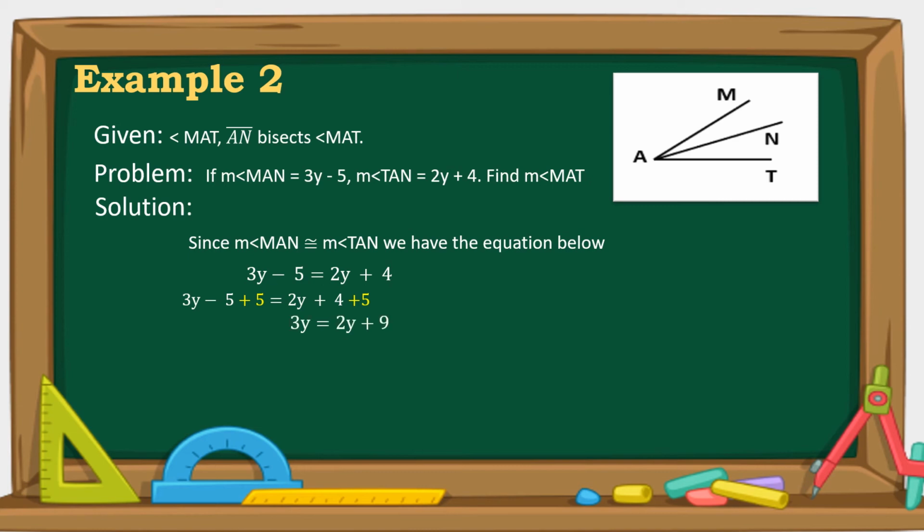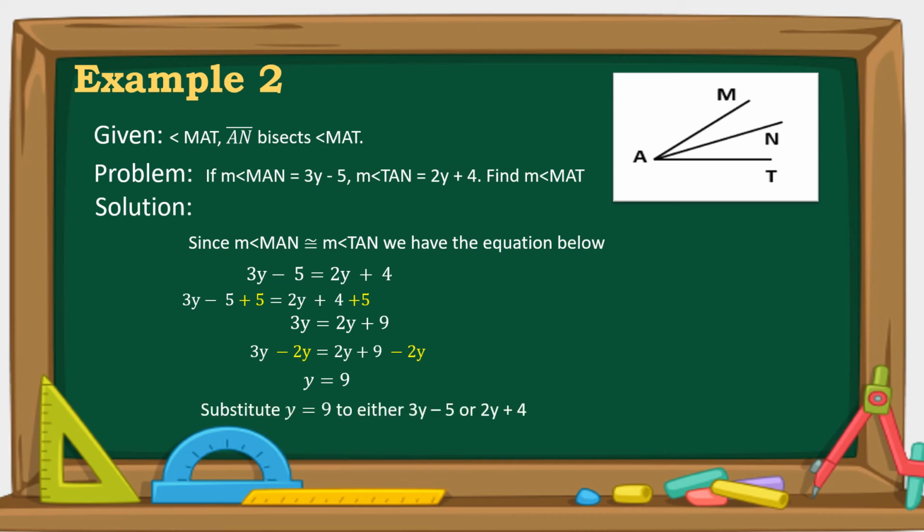And the result will be 3y equals 2y plus 9. Then next, we apply the subtraction property of equality by subtracting 2y from both sides of the equation. So we have 3y minus 2y is equal to 2y plus 9 minus 2y. And the result is y equals 9.